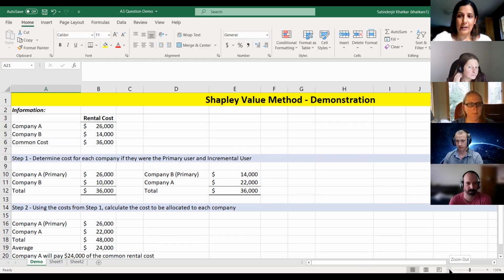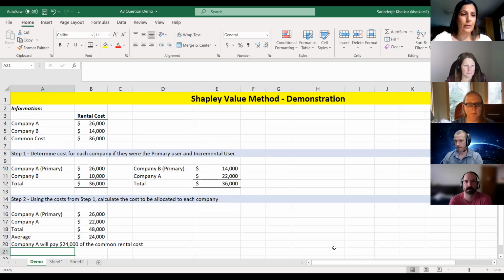So I'm just going to give you a minute or so if you want to calculate what company B will pay then. It would be 12,000.